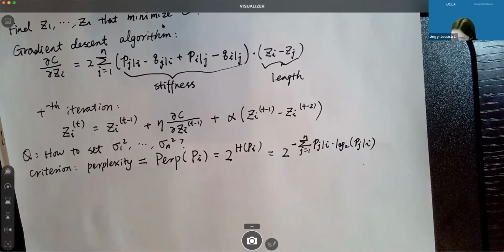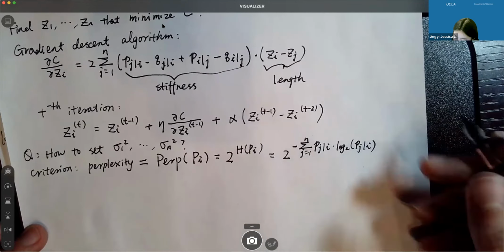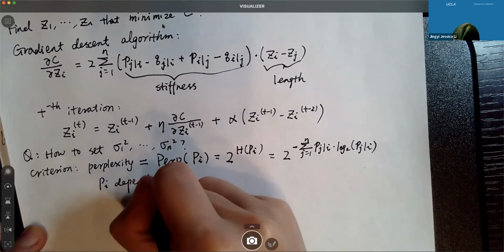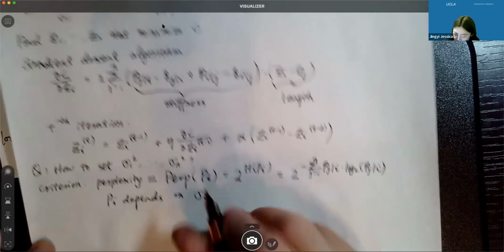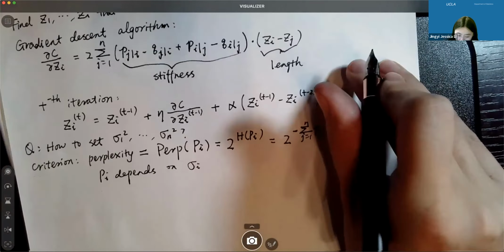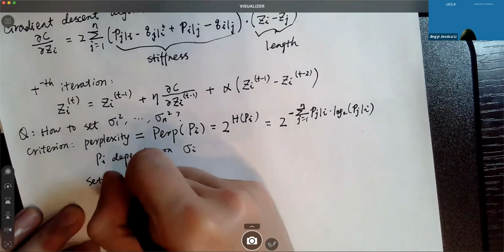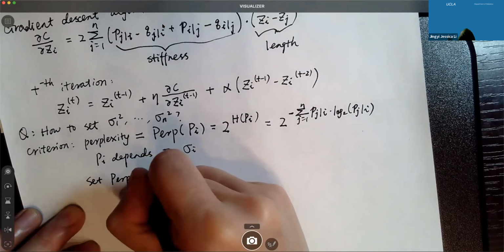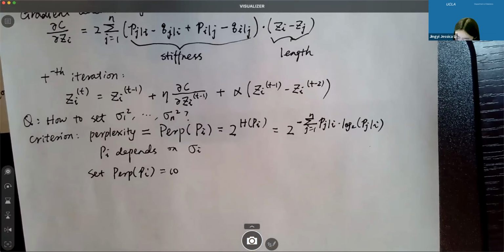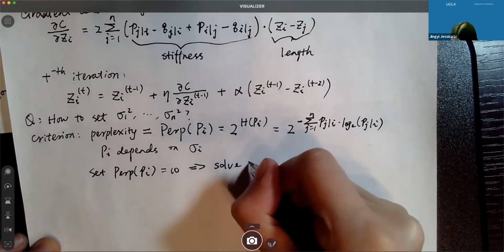So in other words, you can see sigma i is involved in pj given i, right? So this pi depends on sigma i. This is in the formula. Therefore, to set the perplexity to a constant, say perp of pi equals 10, if that's the value you want for the perplexity, you can solve for sigma i.